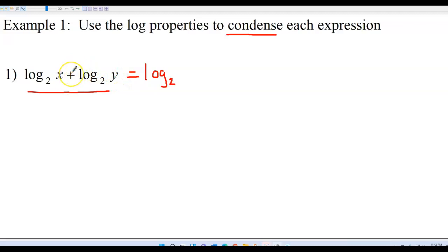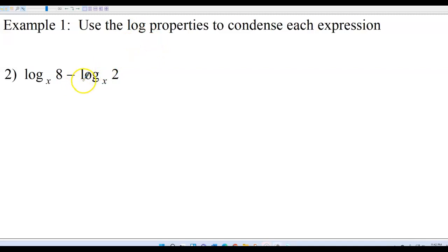Well, addition, according to property 1, can be rewritten as one log where those two arguments, x and y, are multiplied together. So log base 2 of x plus log base 2 of y is equal to log base 2 of xy. And that's property 1 that I used there. Okay, let's go ahead and take a look at another problem.